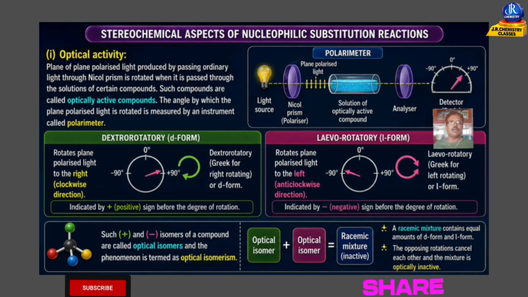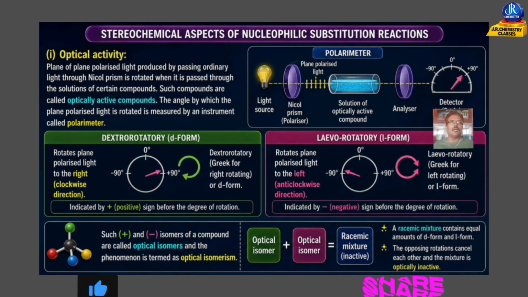Such compounds are called optically active compounds. The angle by which the plane polarized light is rotated is measured by an instrument called a polarimeter.